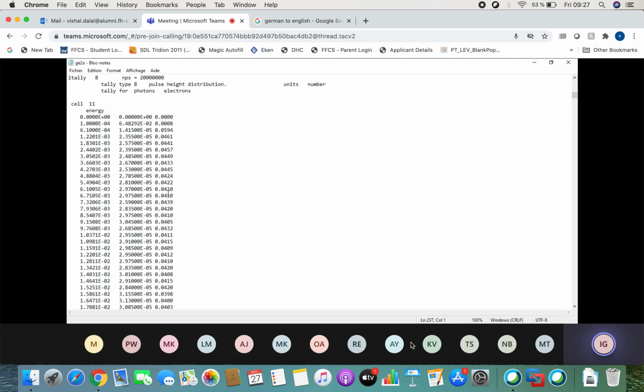You have 1.41 10 to the minus 5 particles in that bin of energy normalized to 1, so for one mean particle launched in your problem, and the uncertainty of this result is 5%. So it's 0.05, meaning 5%. Okay. Question, please.